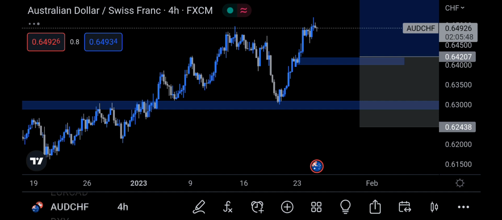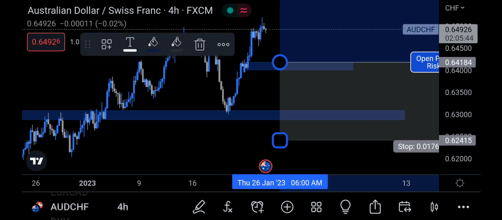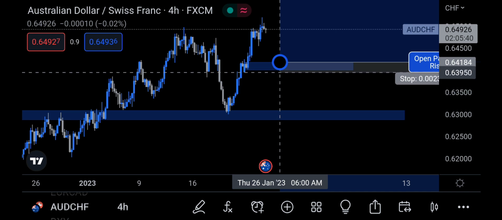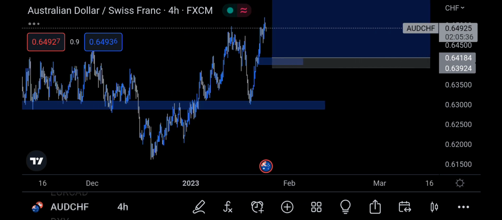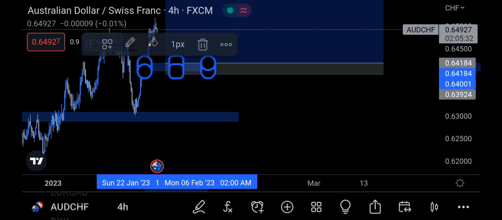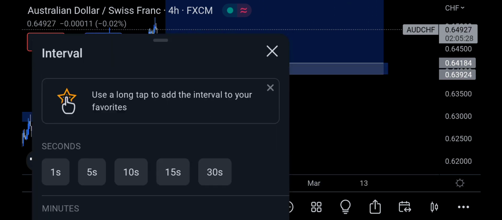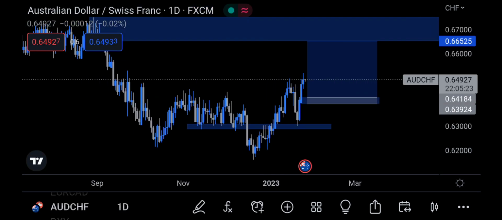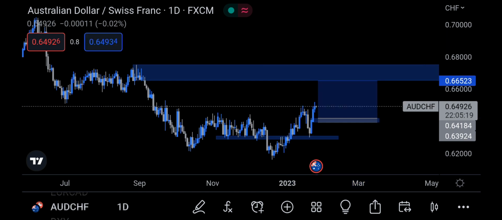So this is it, that zone that we talked about. Then our stop loss will be slightly below the last candle there. So this is how our setup will look like in the 4-hour time frame.